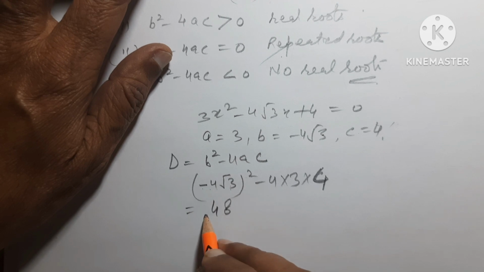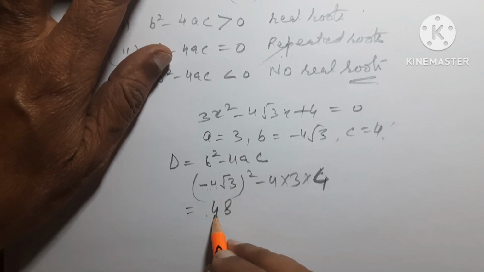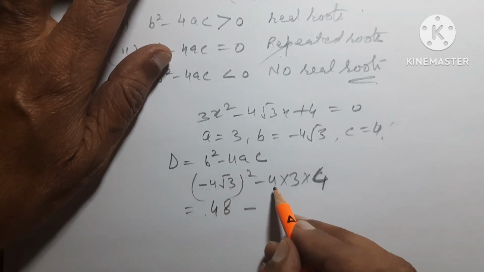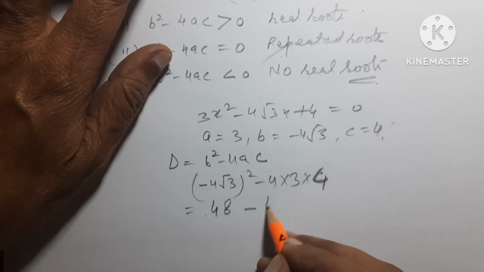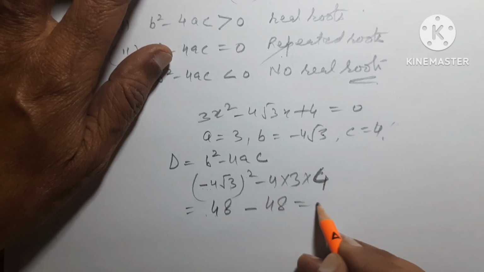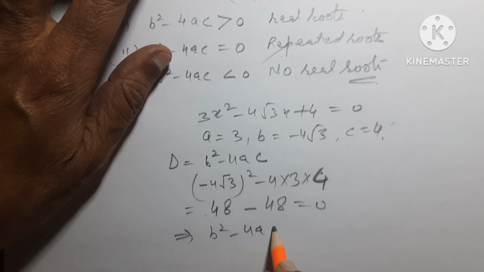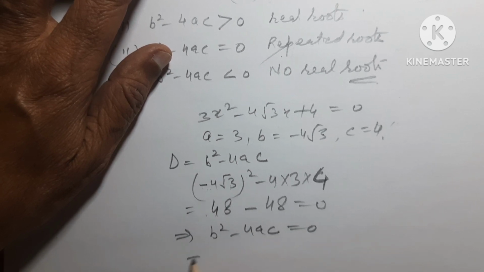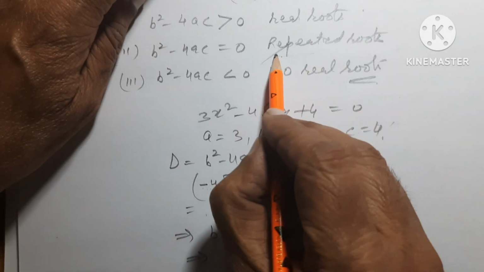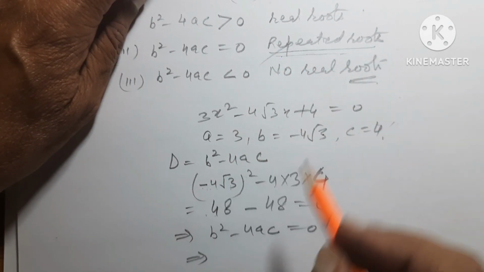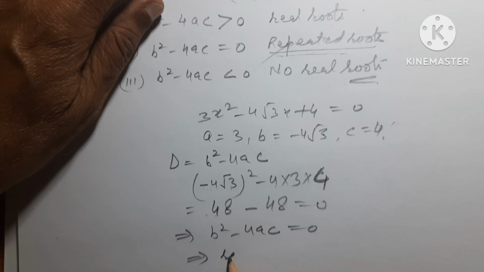And minus 4 into 3 into 4, 48. The first term is plus, because the square of a minus number is always plus. 48 minus 48, which is equal to 0. That means b square minus 4ac is equal to 0. That means what is this condition? This condition is repeated roots. It will have repeated roots.